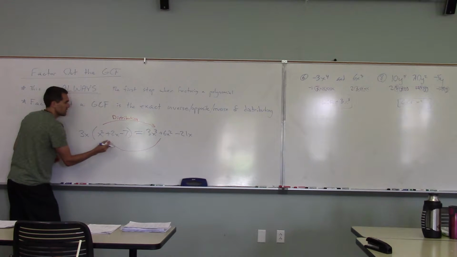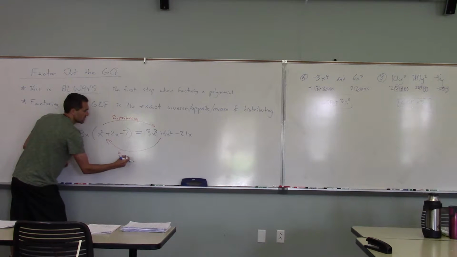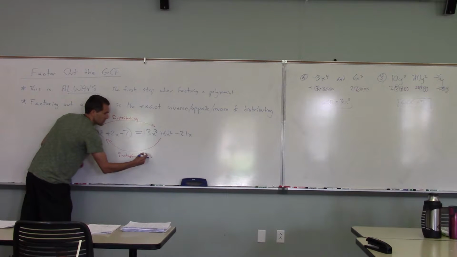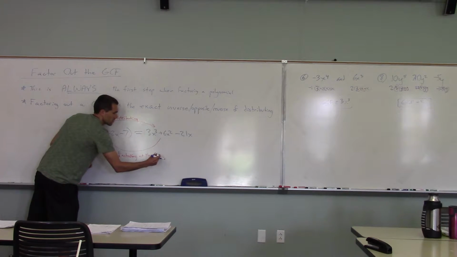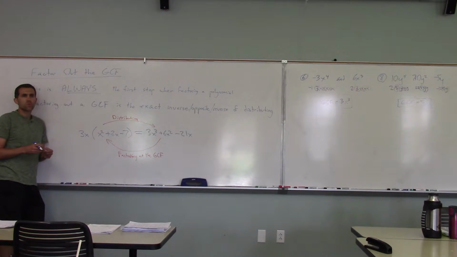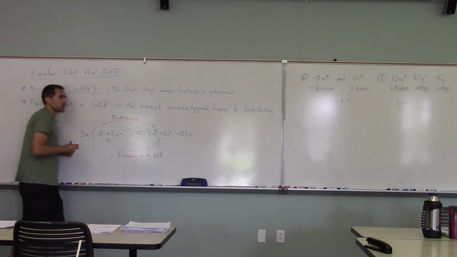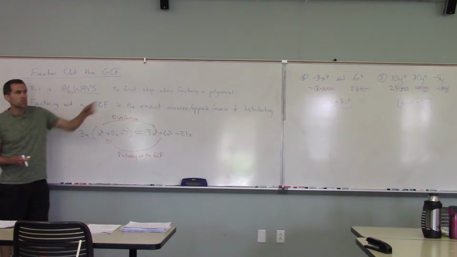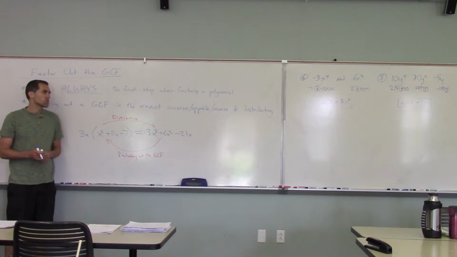Going from here to here, we call this factoring out the GCF. That's what we're going to practice right now, which is first establishing what do these have in common, just like those other problems. So what do all those terms have in common?